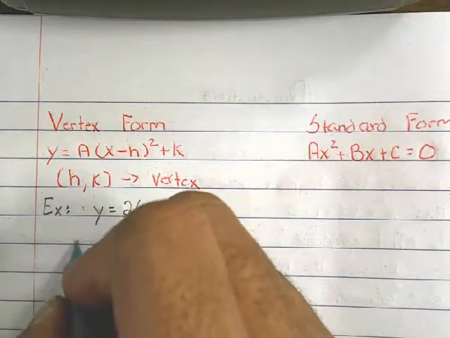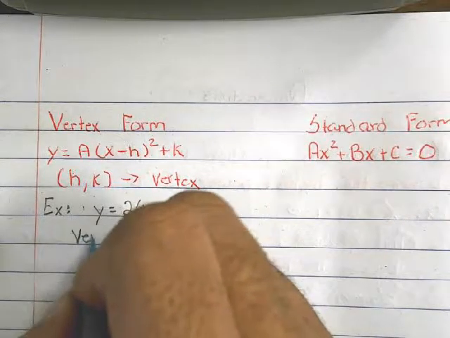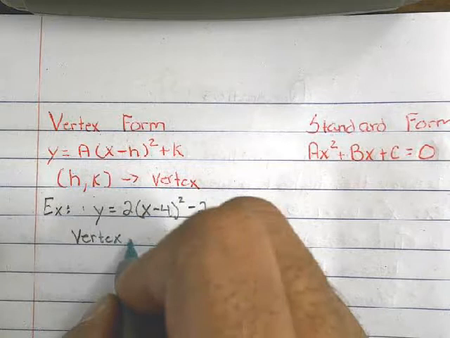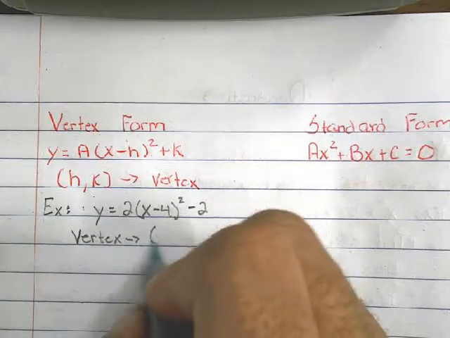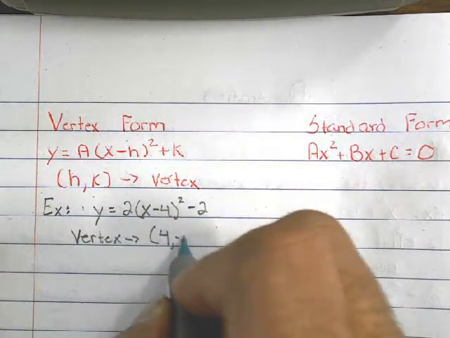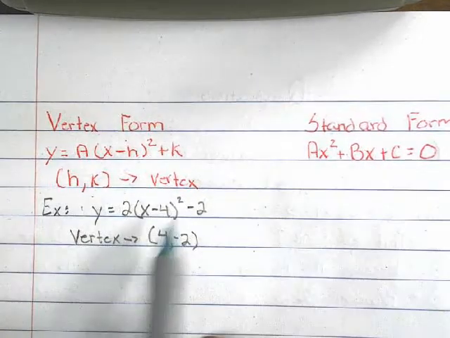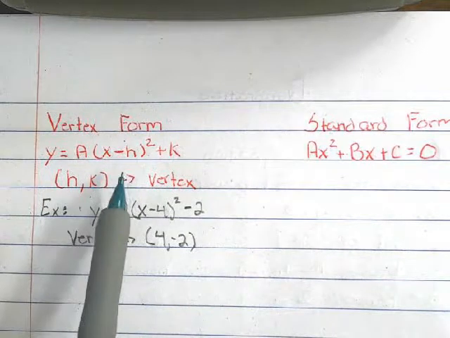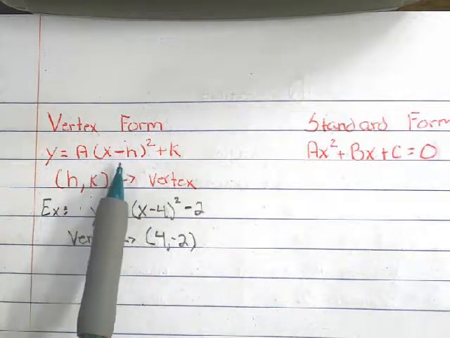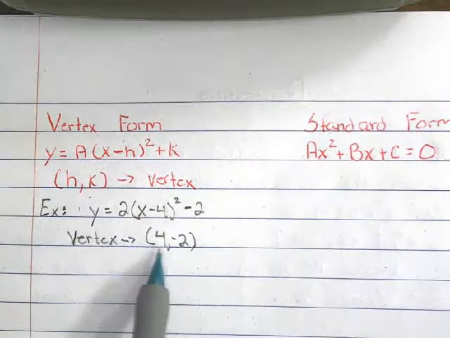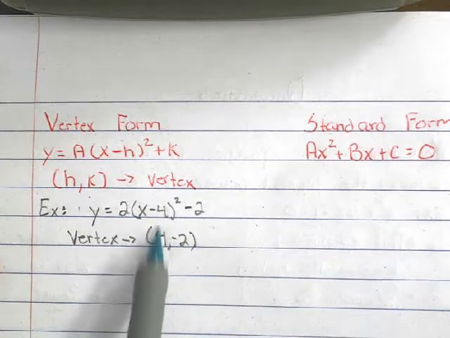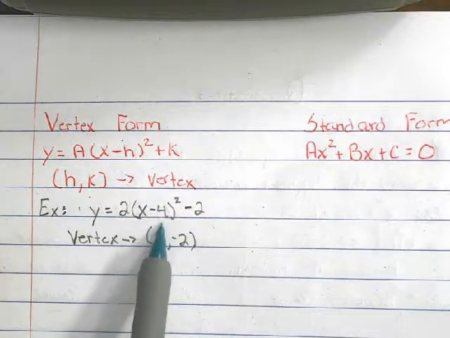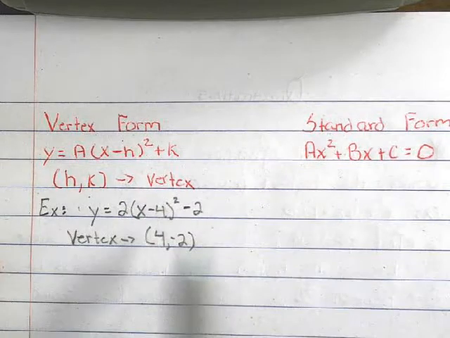Your vertex would be 4, negative 2. For this reason, in your formula, that's a minus. It's like the point slope formula. We had to deal with a lot of minuses. So it's 4, negative 2. Because you put a positive in there, it's still going to remain positive.